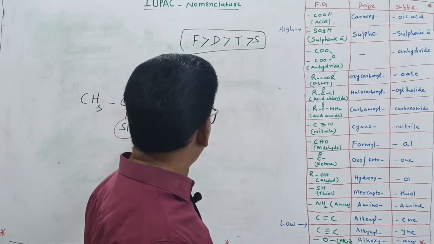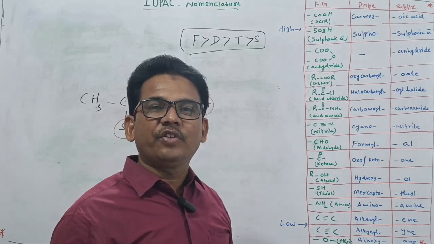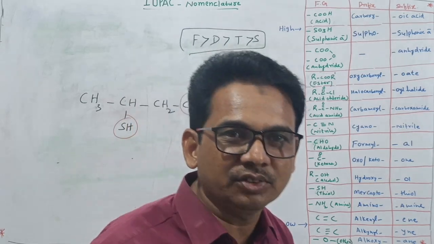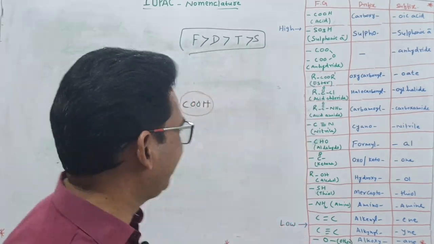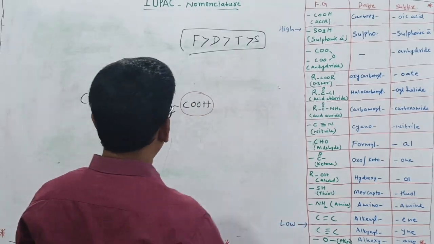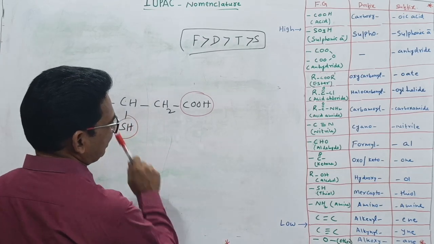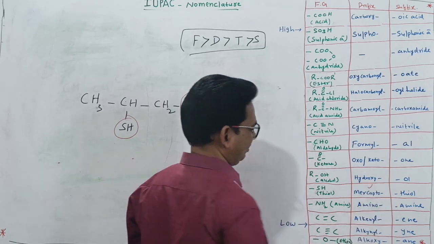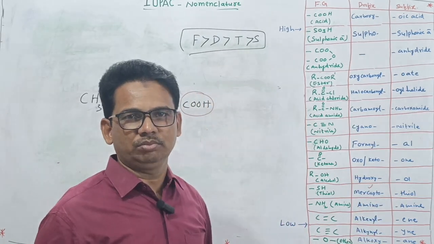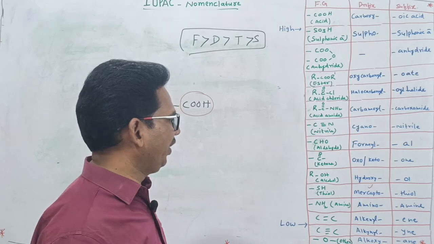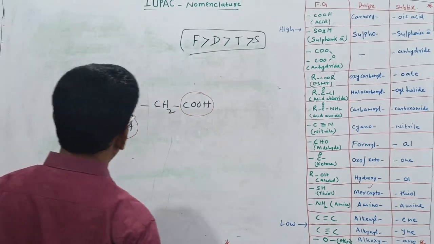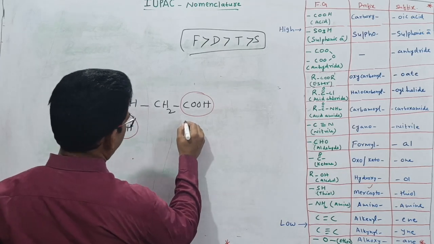The low priority group we will write as prefix only, not suffix. Okay, that's why when the thiol group is not the suffix, what do we have to write here? Mercapto, not thio. Mercapto.